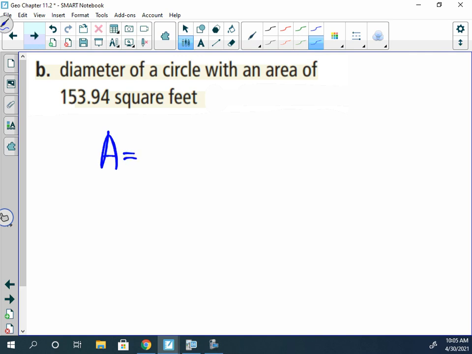So again, we're going to stick with this formula here. Area is equal to pi r squared. Now, since we know what the area is, we're going to plug it in first. We have 153.94 is equal to pi r squared.